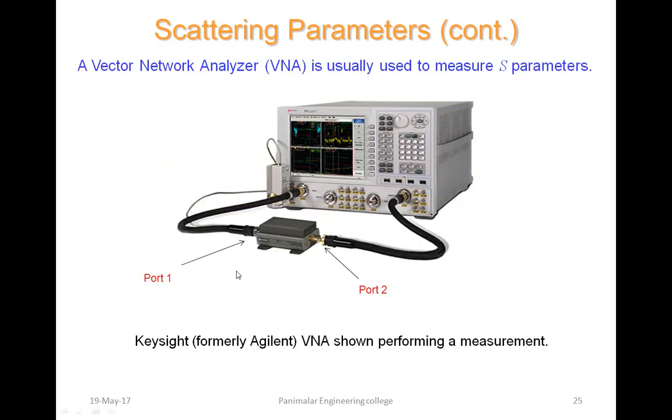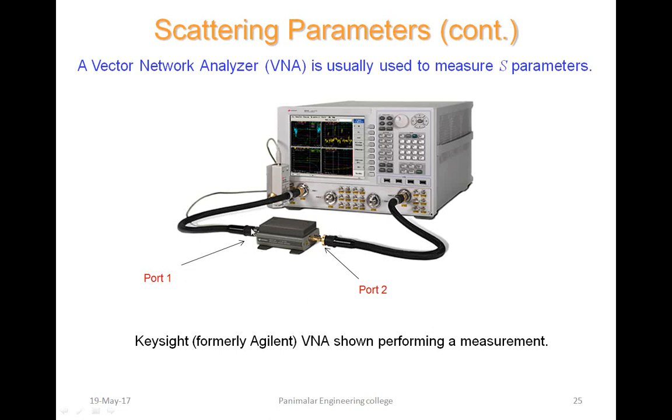So how is the analysis made using a vector network analyzer? A vector network analyzer is a device that is used to measure the S parameters for any number of ports. Here the picture shows a desktop model of a vector network analyzer, and it is restricted by frequency range. We have port 1 and port 2. This is a calibration kit that is used to avoid the already existing standing waves in the device.